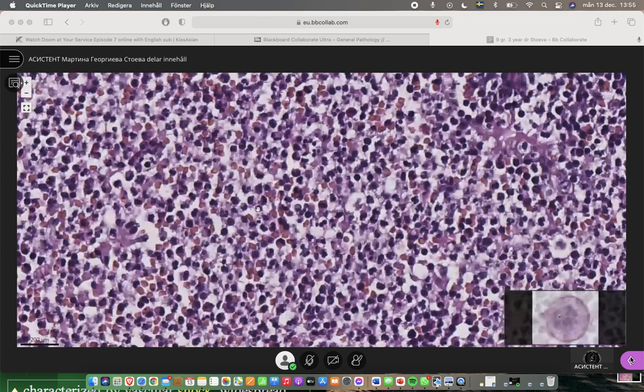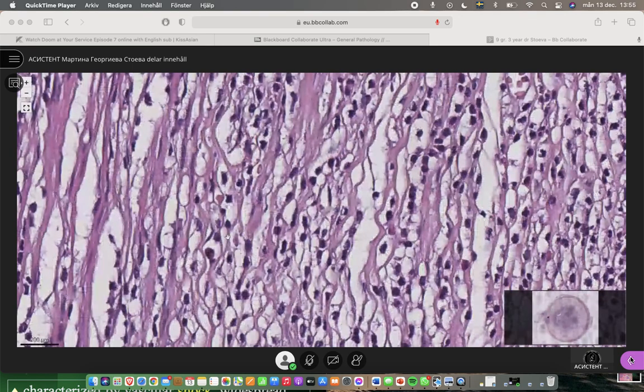Before we see these bundles of smooth muscle cells, this must be the submucosa, where we can find the same cells, inflammatory cells, neutrophils, which then move also in between the smooth muscle cells. And finally, they are also found in the subserosa here.